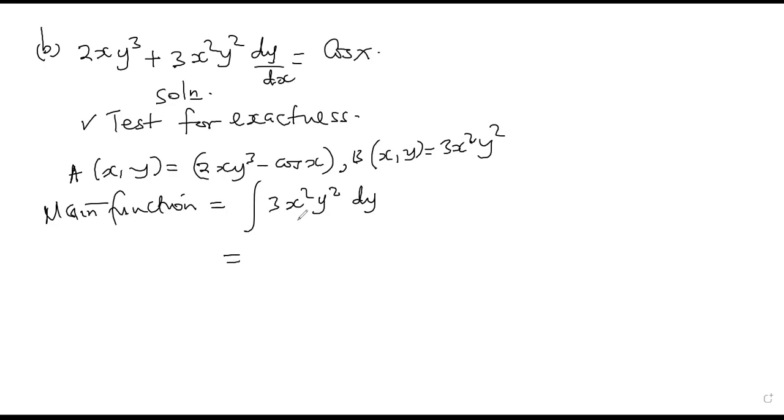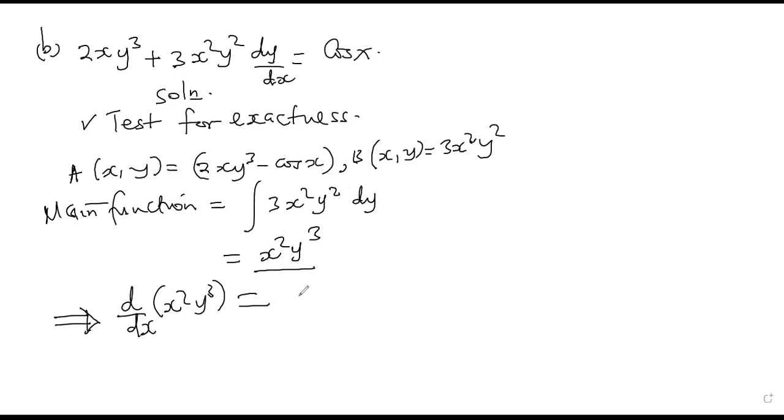Since we are integrating with respect to y, y becomes y cubed over 3. So we shall have x squared y cubed. This is our main function. It implies that the derivative of our main function, x squared y cubed, is equal to the right-hand side, which is cos x. That is what you should know.